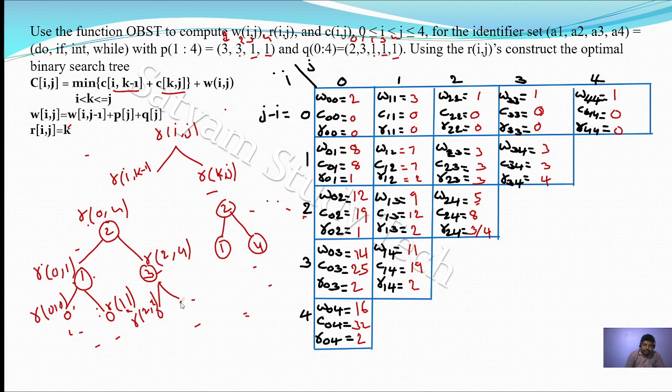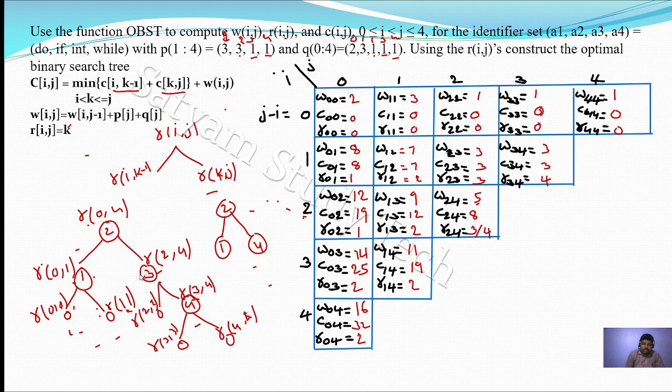Here R of k j, k value is 3 and j value is 4, so R of 3 4 value is 4. Now R of 3 comma k minus 1, where k value is 4, is R of 3 3, that value is 0. Here R of k j, 4 4, that value is 0.